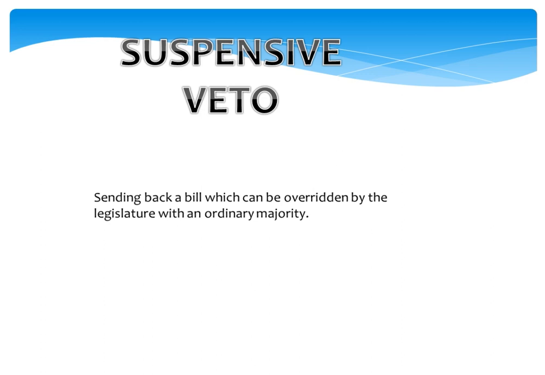So out of 300 members, 151, more than 50%, will be the simple majority. And in the qualified veto we need a higher, special majority: 2/3 of the members present and voting, and more than 50% of the total members of the house, whichever house, upper or lower.